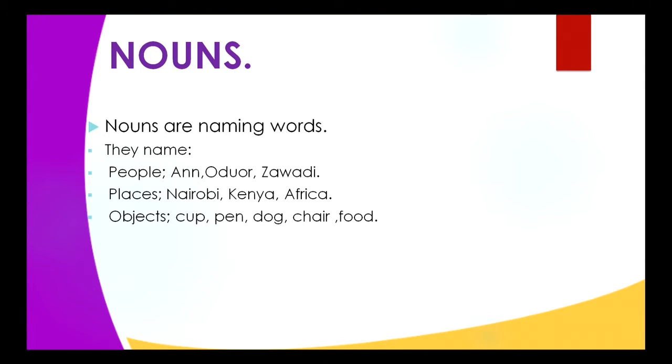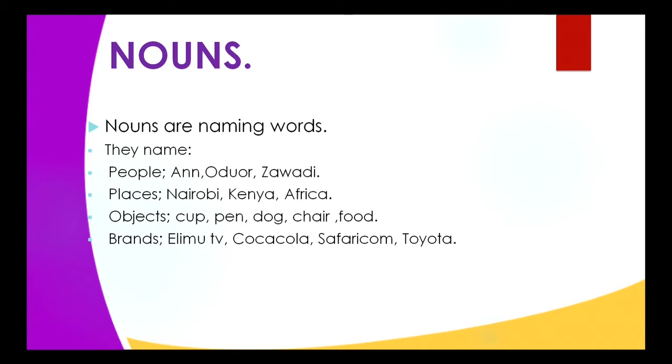We have objects around you. Any object that you see bears a name, be it a flower vase, a cup, a seat, a table, or anything else. All those objects have names, and those names are nouns. We also have brands.